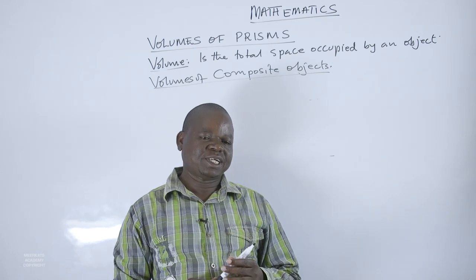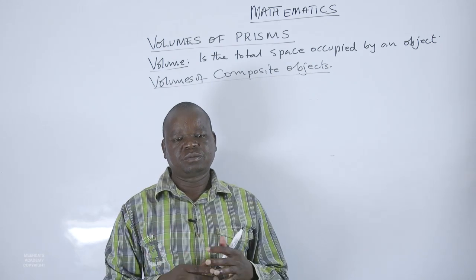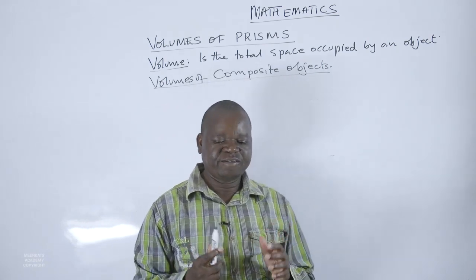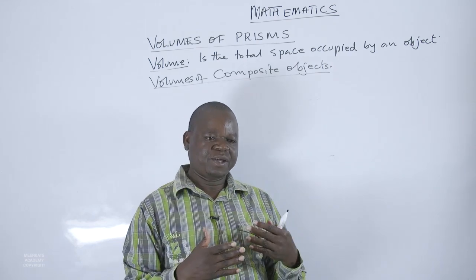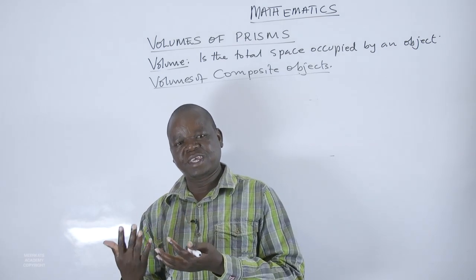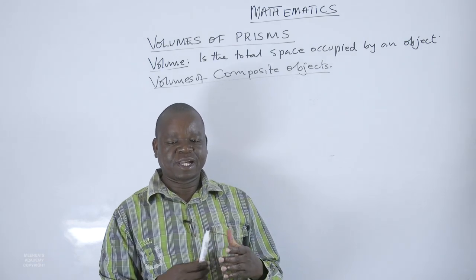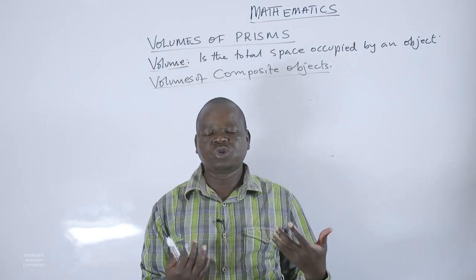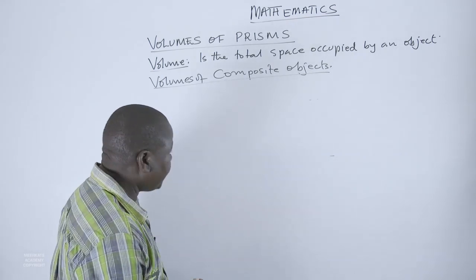Now, when we talk about composite objects, we basically mean that these objects are made from different other basic objects. For example, we can have a semi-cylinder being combined with a cone. We can have a semi-sphere being combined with a cuboid. We can have a frustum being combined with, let's say, a cube. So those are what we call composite objects. So let's look at examples.